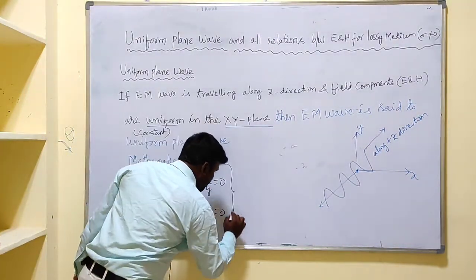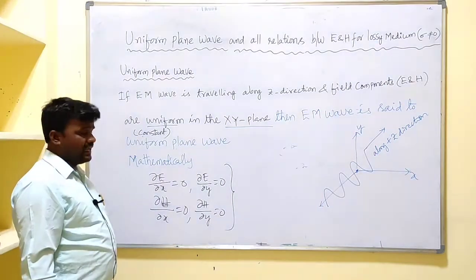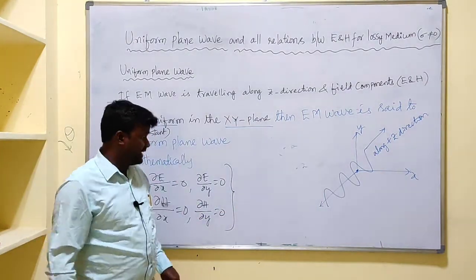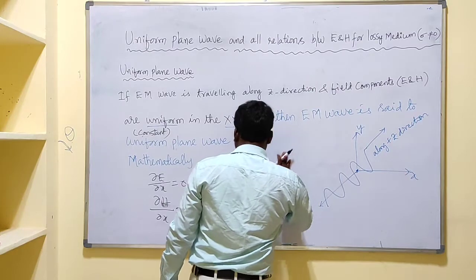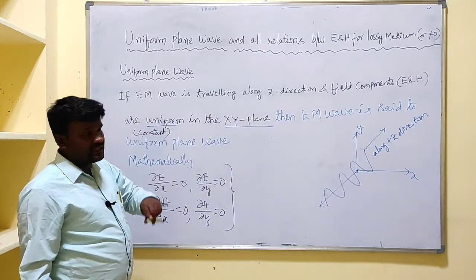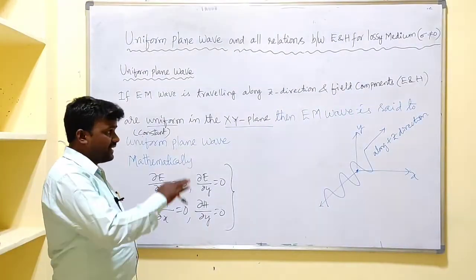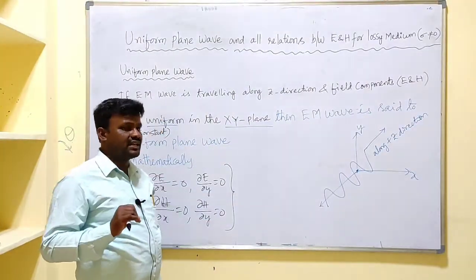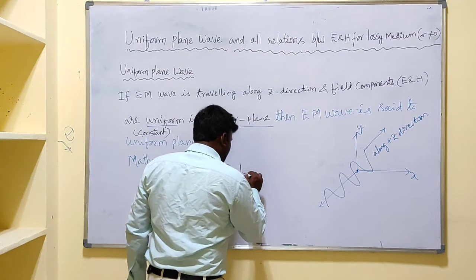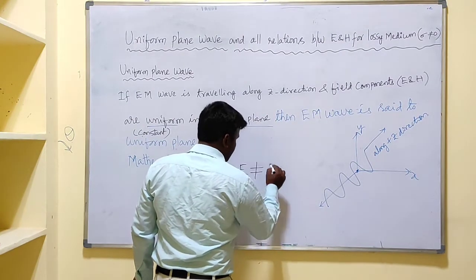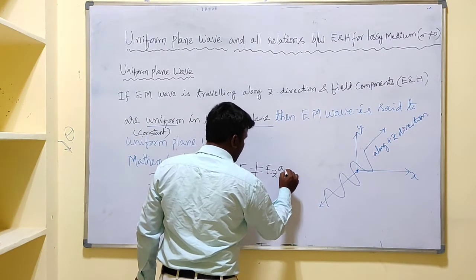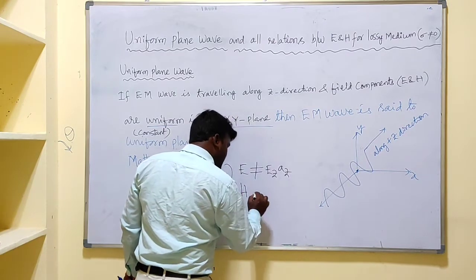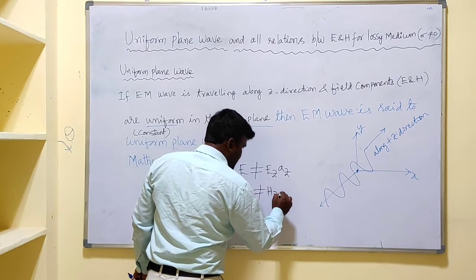And what about the remaining components? As wave is traveling along z direction, field components are present in the xy plane. Means the electric field is in the xy plane, magnetic field is also in the xy plane. Let us consider E is not equal to Ez az, and H is also not equal to Hz az.